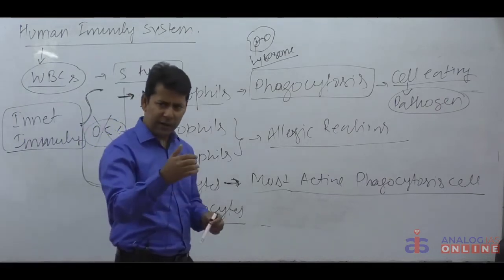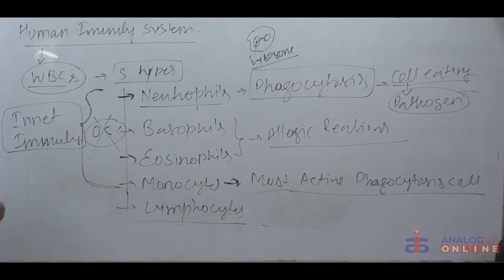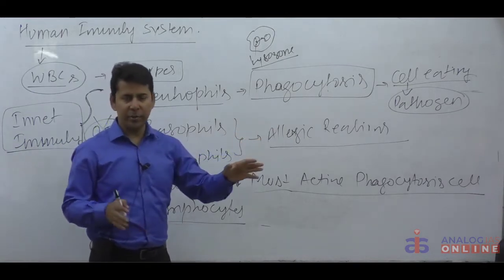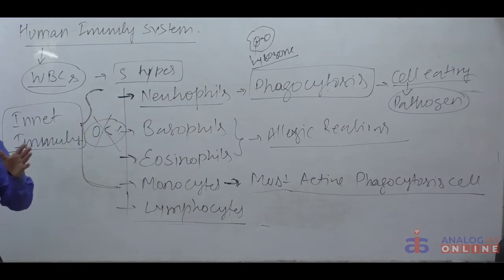That means it's a part of our regular immunity. It's there with everybody. It is a routine immunity. If something comes, neutrophil goes and tries to eat that. It won't differentiate with anything. If COVID is coming, it will try to eat that. If tuberculosis is coming, it will try to eat that. Anything coming, it will try to eat that. It's like BSF, Border Security Force. So BSF people are there on the border, and they have been given just one command: secure the border.